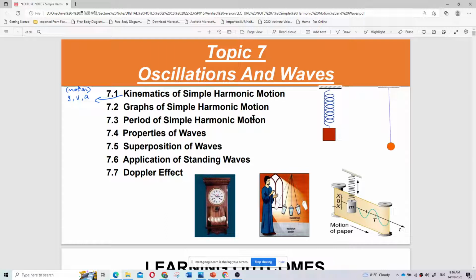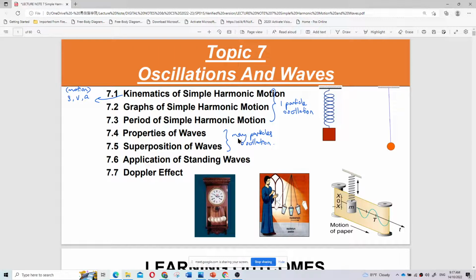First of all, I want you to remember that simple harmonic motion is considered as just one particle oscillation. Later on, when we talk about properties of wave, we have many particles oscillation.